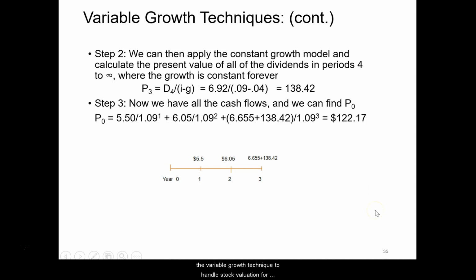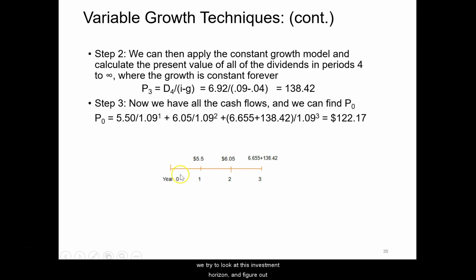So far we talked about using the variable growth technique to handle stock valuation for the stocks or companies that do not really have a very stable growth. The idea is we try to find a terminal year and try to estimate a terminal value based on the constant dividend growth rate.